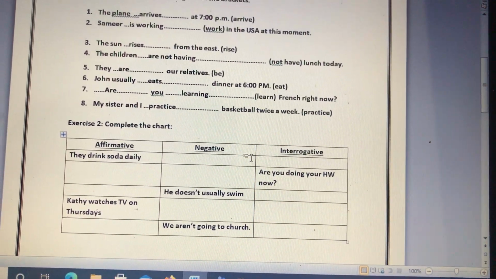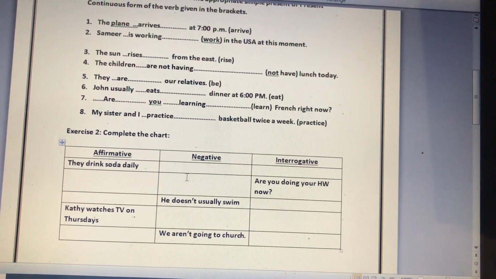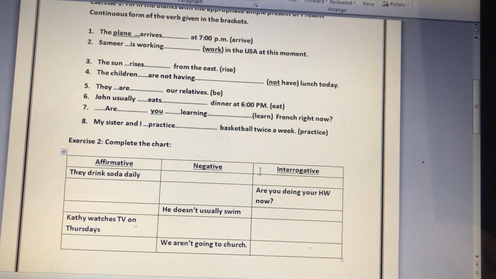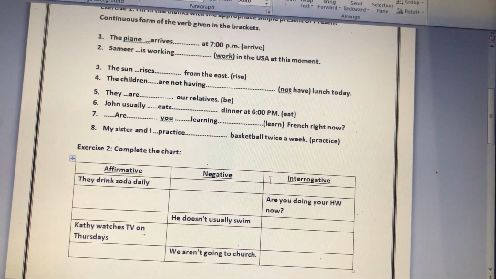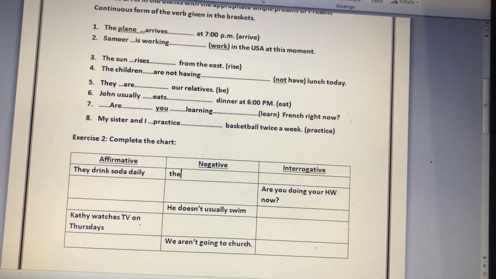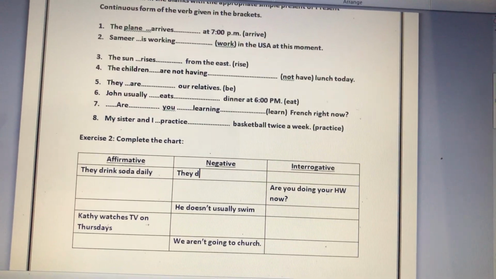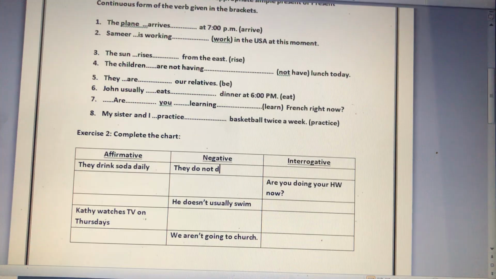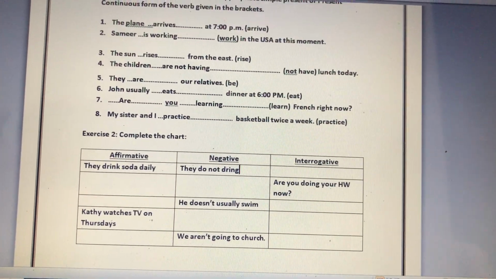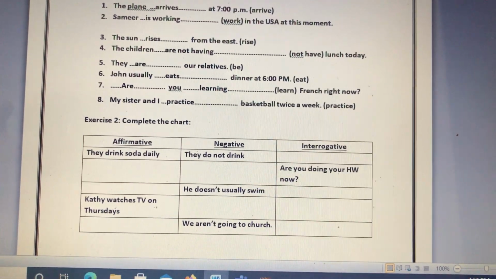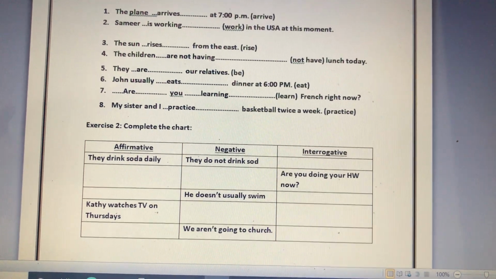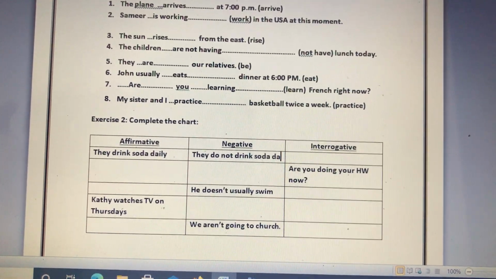So we have they drink soda daily. In the negative form, it will become they do not drink soda daily.